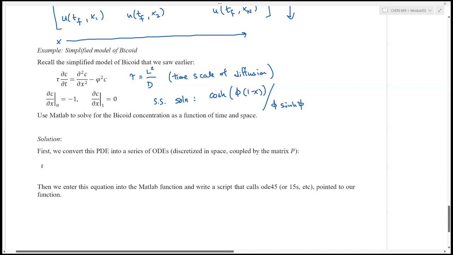It's going to look like tau, the parameter tau, times dc dt equals the matrix P times the vector c, minus phi squared c, plus our constant flux boundary condition at the left side, 2 over h times E1.